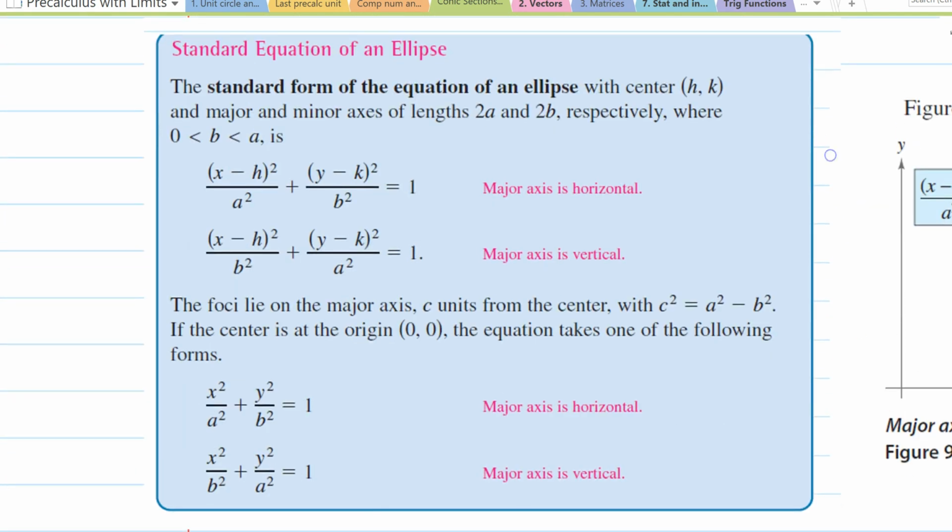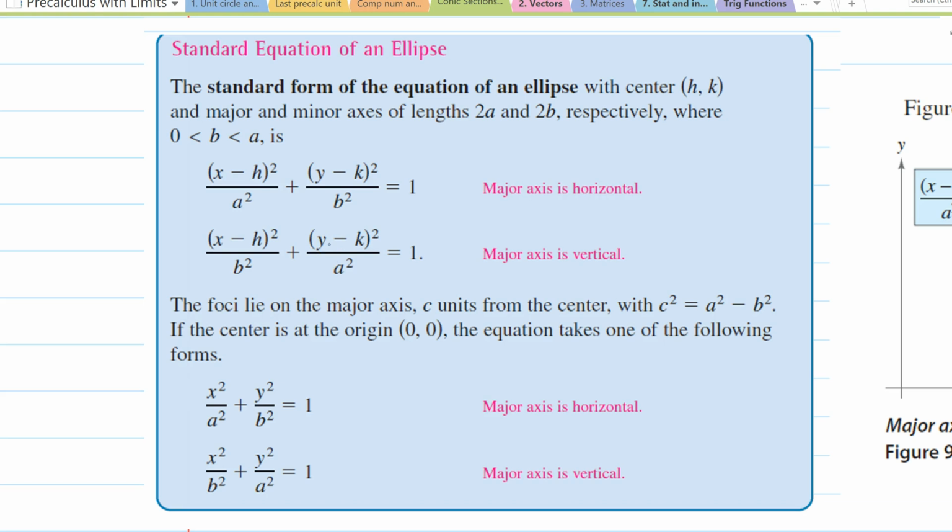Now, there's some important equations I want you to see here, and this is the standard form. Notice the difference. They're both x minus h quantity squared plus y minus k quantity squared equals 1, but one of them has an a squared under the x, b squared under the y, where conversely, now under the x you have the b squared and the a squared is under the y.